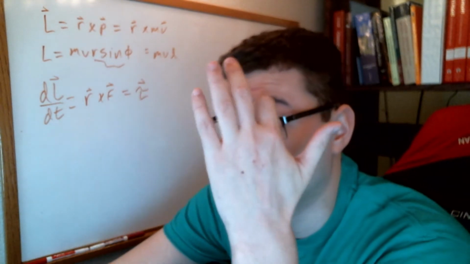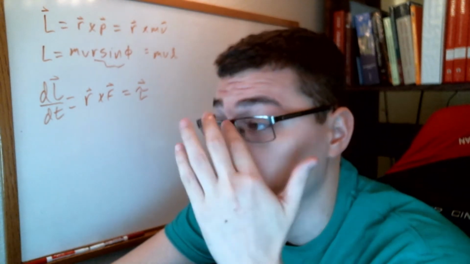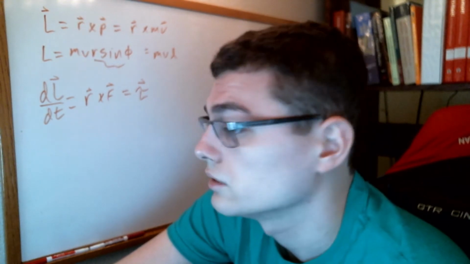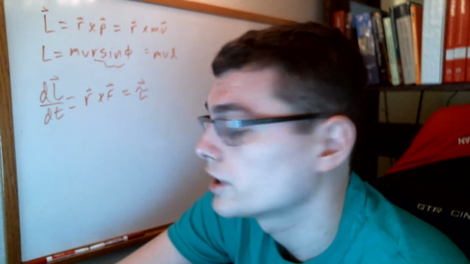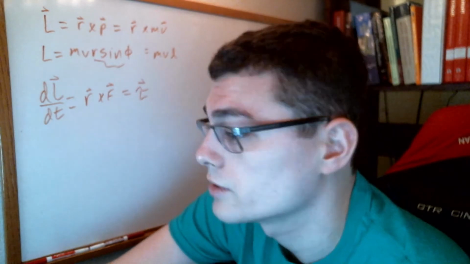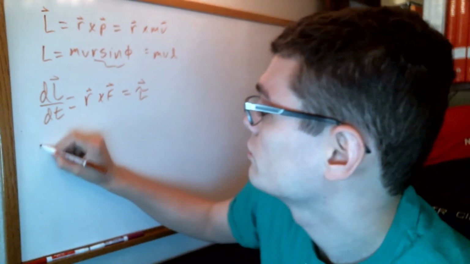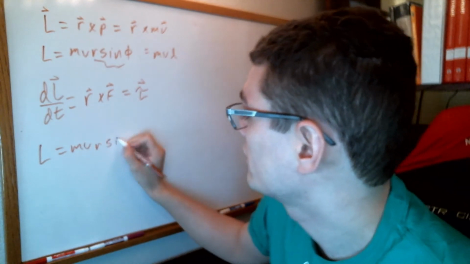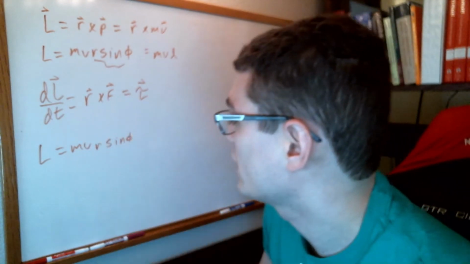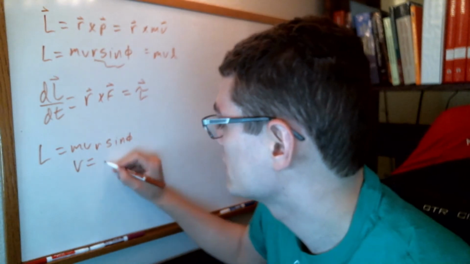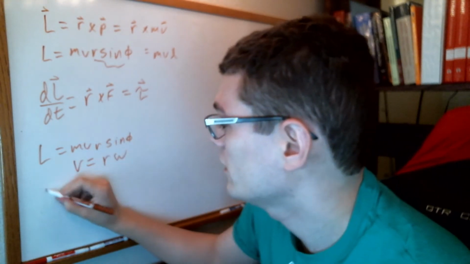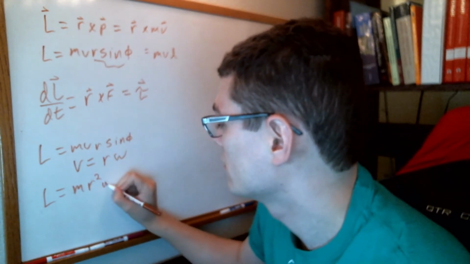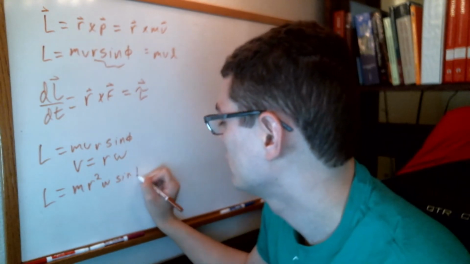For angular momentum of a rigid body, let's substitute in some of these equations. We say L is equal to MV R sine theta, or sine phi, like we did before, and V is equal to R omega, so L is equal to M R squared omega sine phi.